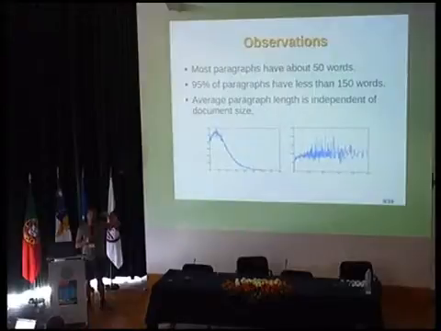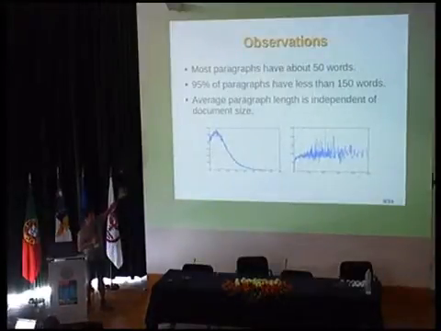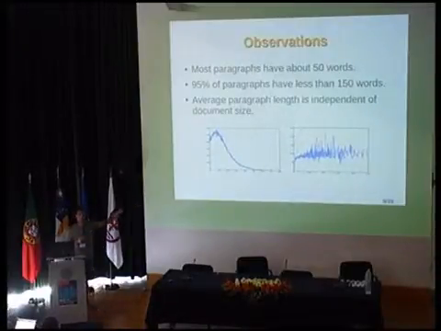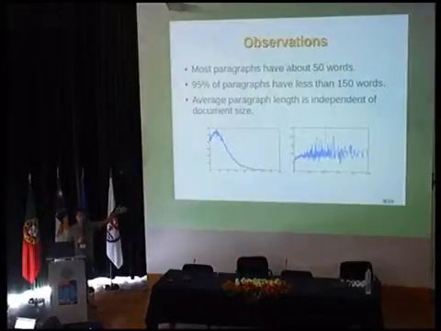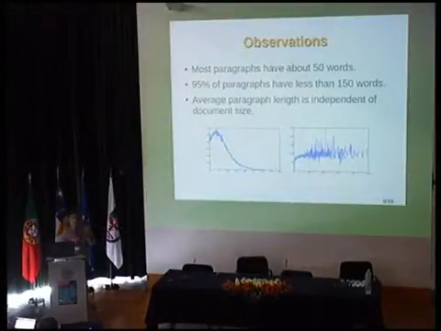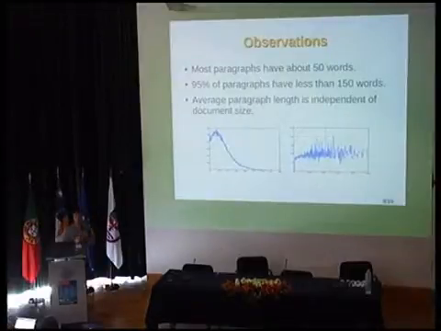It means that most paragraphs in English documents have 50 words. And then it starts to drop, and you have to believe me, but 90% of the paragraphs in English corpora, in English documents, have less than 150 words. And this also occurs for Portuguese and for German, which were the languages we also tested.